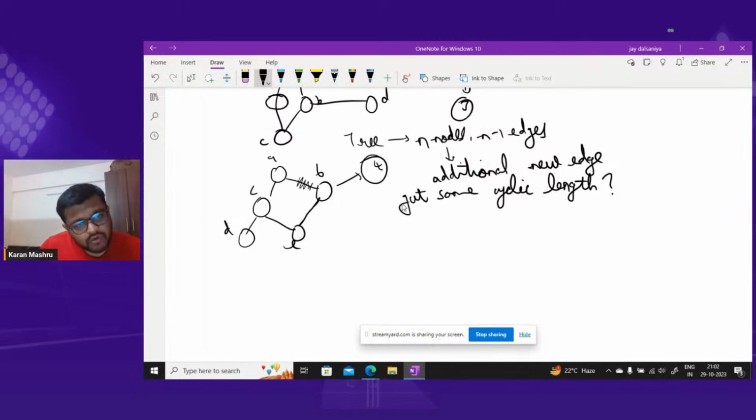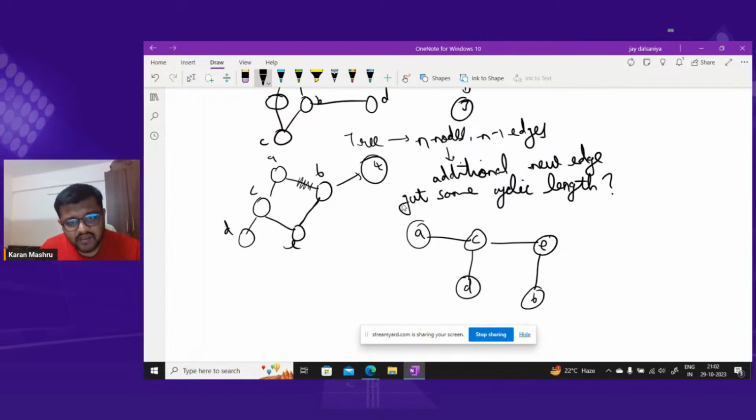So what I can do, I can add an edge between B and D, right? So let us do that. So A is connected to C, C is connected to E, E is connected to B, and C is also connected to D, right?